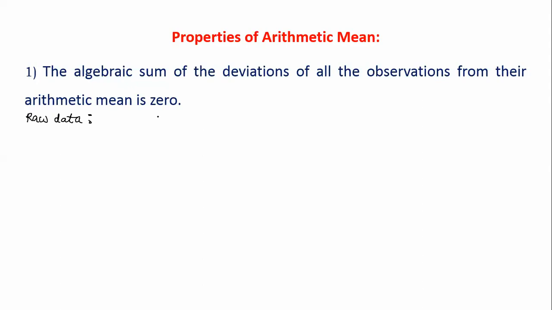We can find x bar, their arithmetic mean, and it is told that if you take the addition of the deviations, xi minus x bar, summation i from 1 to n, this will be equal to 0. This is the mean.